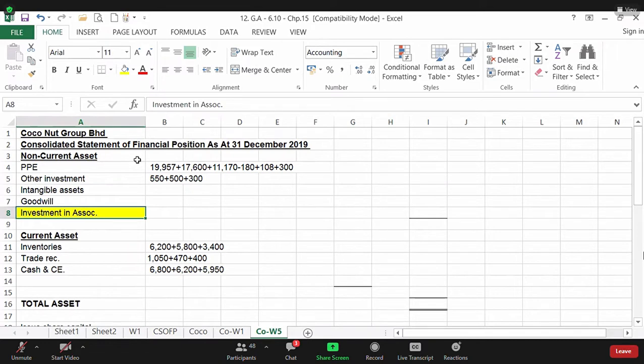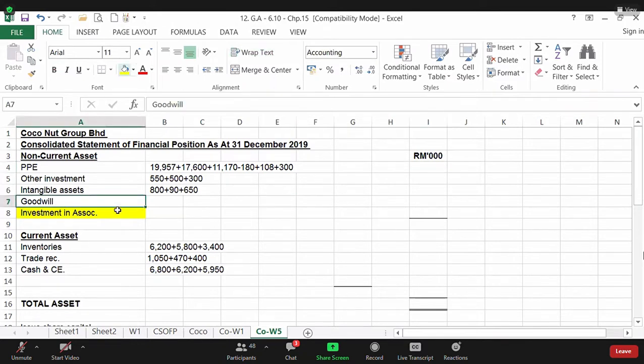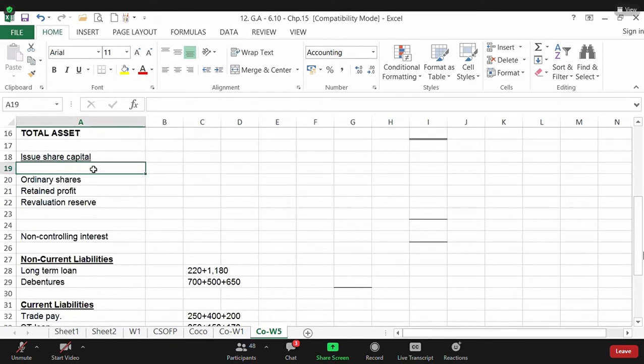Okay. We do have intangible asset, right? Yes, madam. 890. Okay, observe. The presentation of my currency, I put by 30. So I need to be careful when I have figure 100. So I need to put in decimal point. So goodwill, investment in associate. I do not put preferential here because preferential that we have is only under whose column?